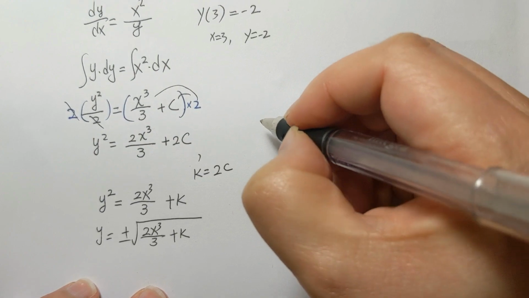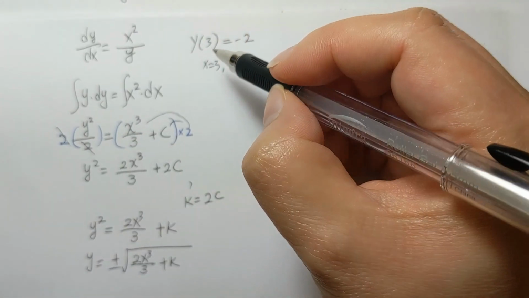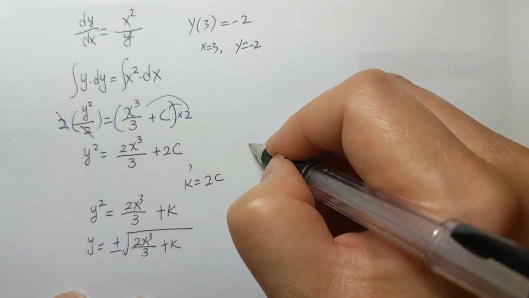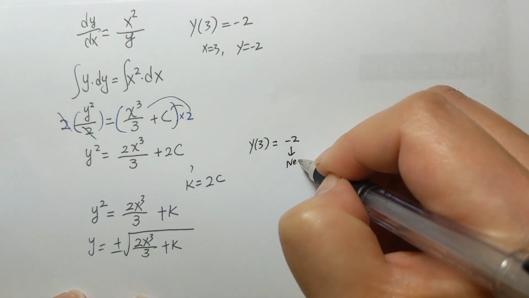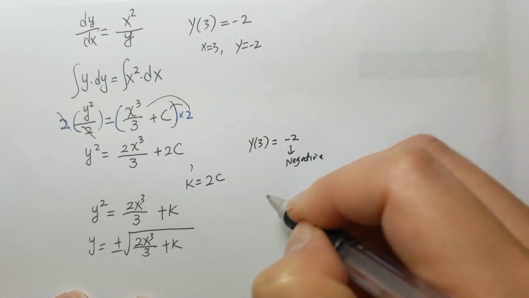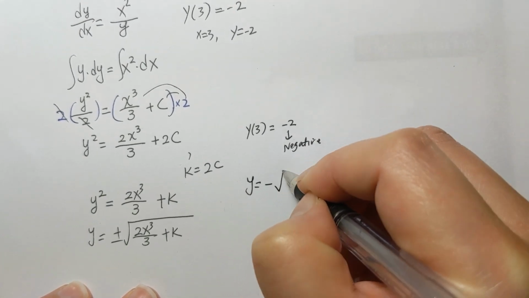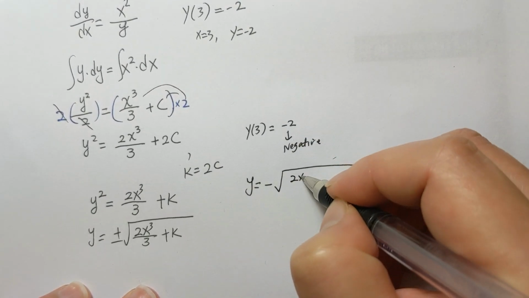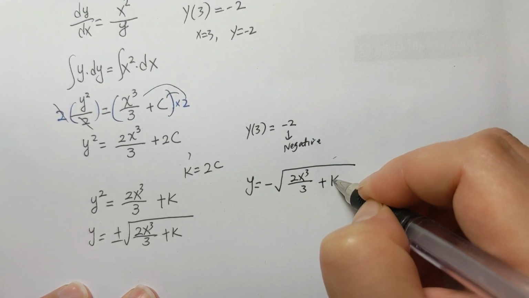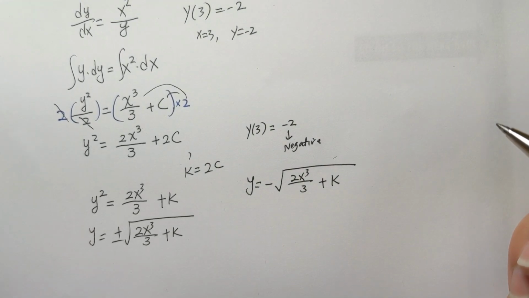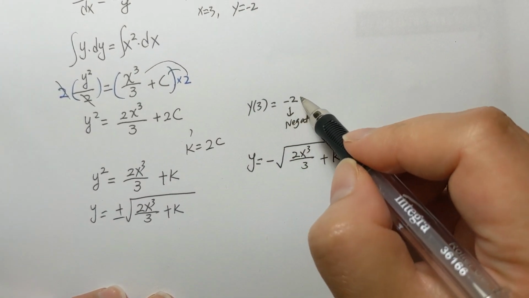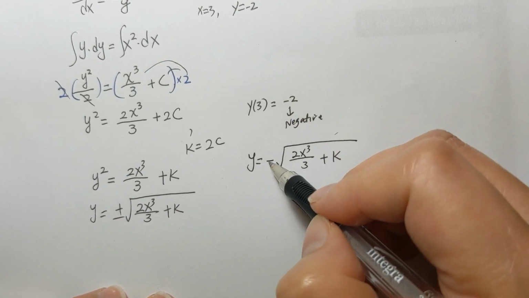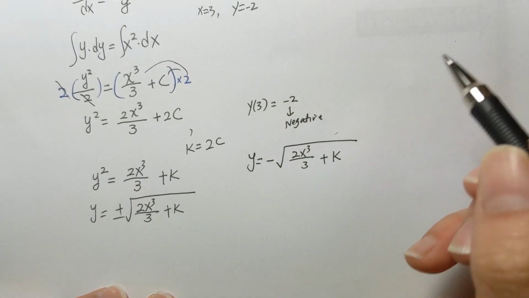Now we are going to use the initial condition. We got y of 3 equal to -2. This is negative. So we have to use the negative branch. Now we do substitution one more time because it's negative y. So we have to use the negative branch.